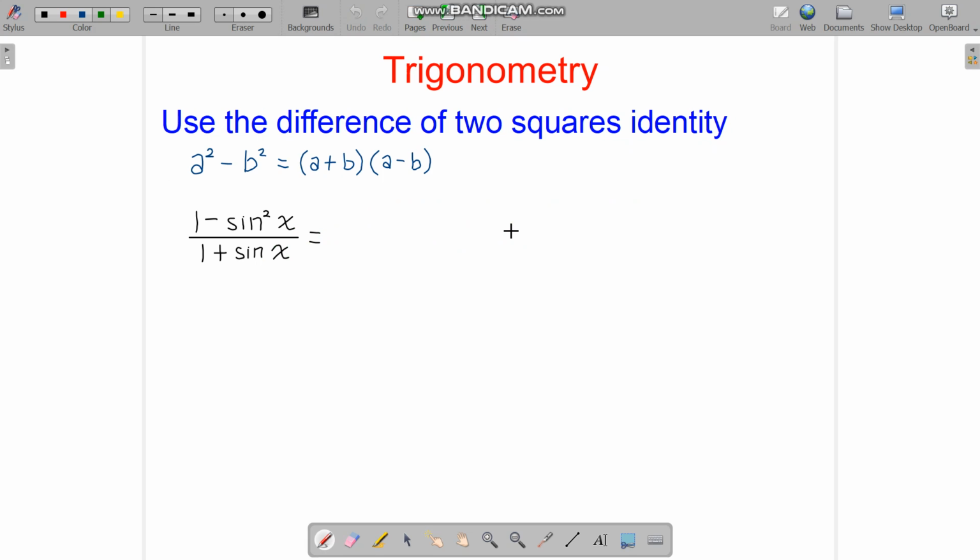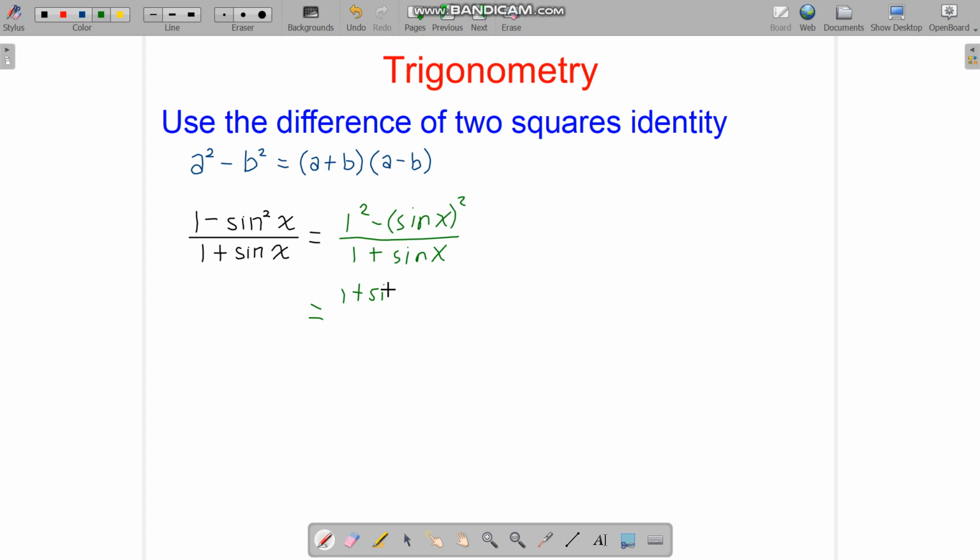And don't forget we have this algebraic identity. So 1 minus sine squared is actually the same as 1 squared minus sine x squared. So it's in the form of a squared minus b squared, which is equal to a plus b times a minus b.